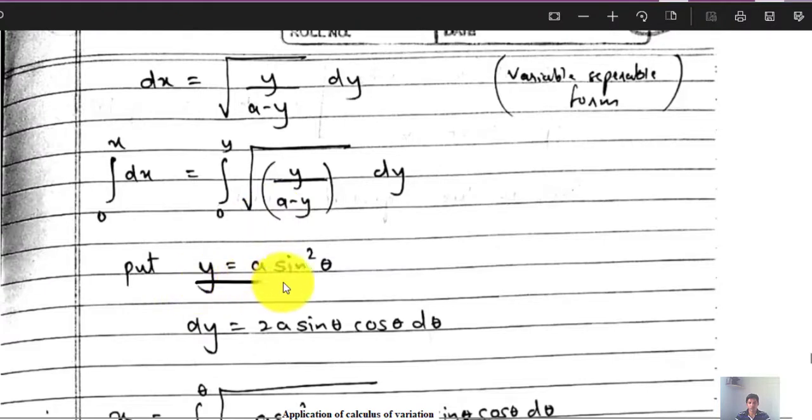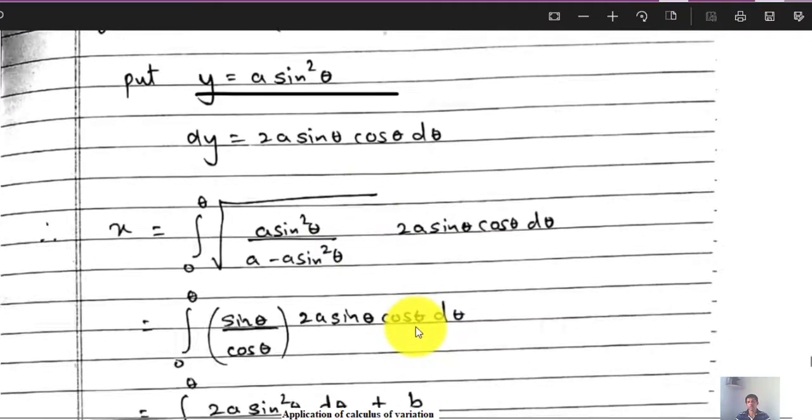Now if I substitute y is equal to a sine square theta, so dy is equal to 2a sine theta cos theta d theta. So this is integral from 0 to theta, of a sine square theta divided by a into 1 minus sine square theta, and this is 2a sine theta cos theta d theta. Fine.